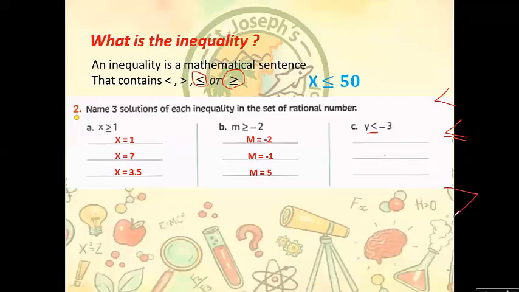And this is bigger than, this is bigger than or equal. So y smaller than -3 may be -4 or -5, -7, -12.